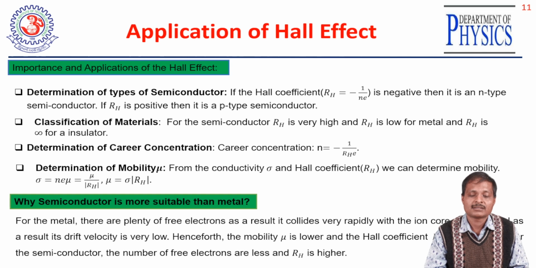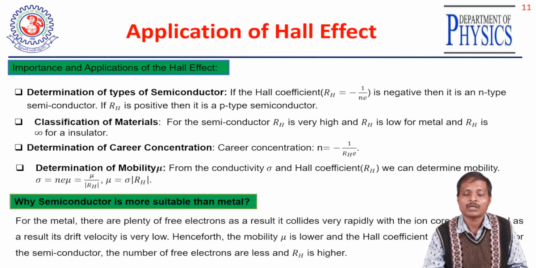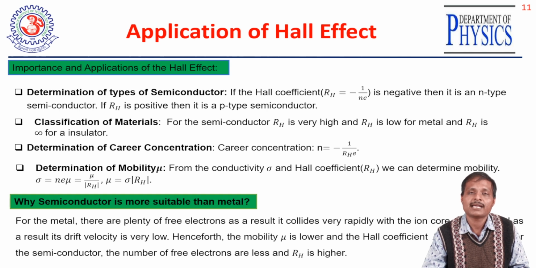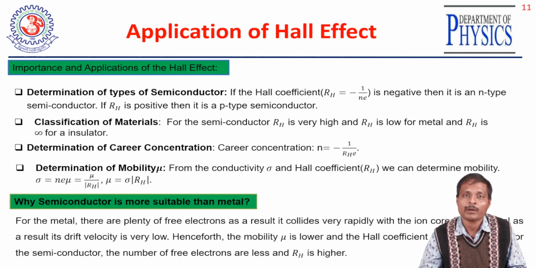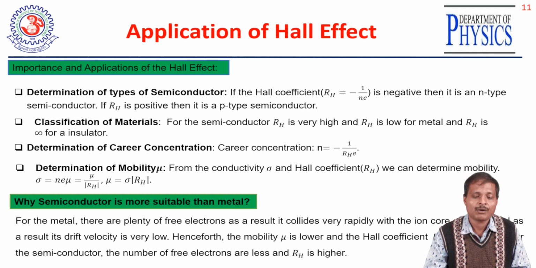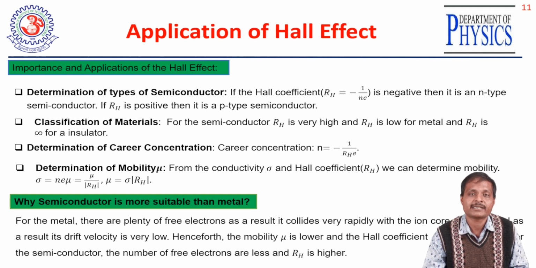Now, see how to determine the carrier concentration. If you know RH and we know the amount of charge e, n you can calculate. If you don't know the carrier concentration and you know the Hall coefficient of this material, you can calculate it. Now how to calculate the mobility of this material?